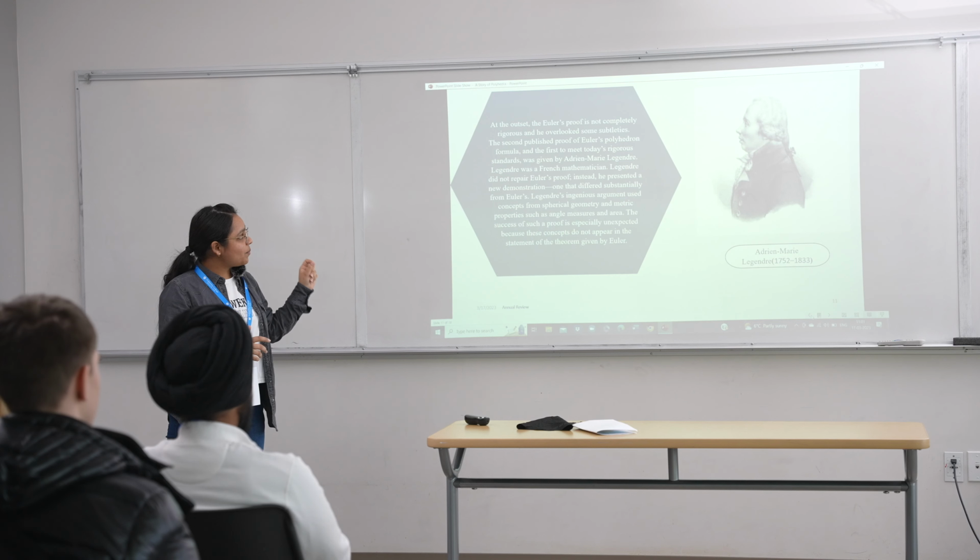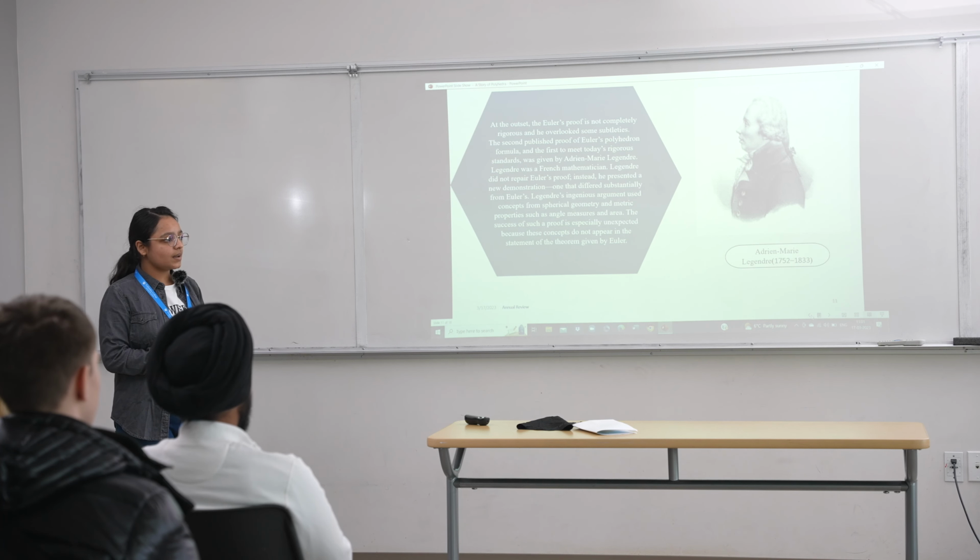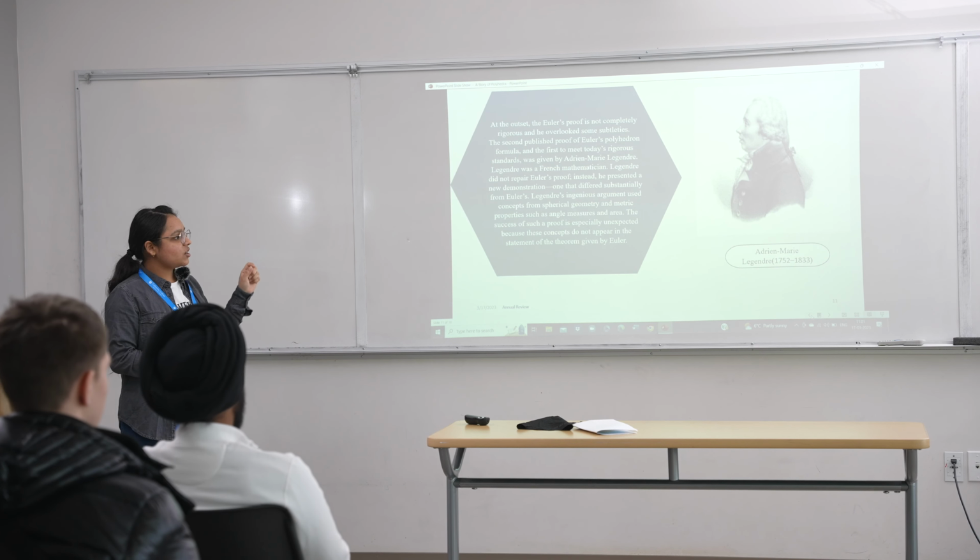Now, the proof given by Euler was very complicated, and it could not meet the rigorous needs of today's standards. So, the second published proof of Euler's polyhedron formula, and the first to meet today's rigorous standard, was given by Adrien-Marie Legendre, who was a French mathematician.